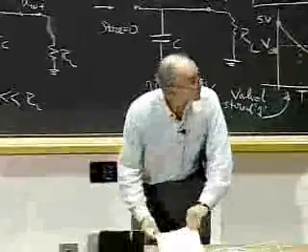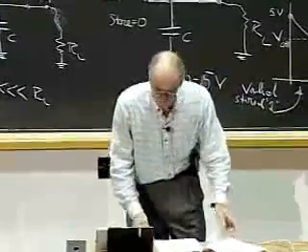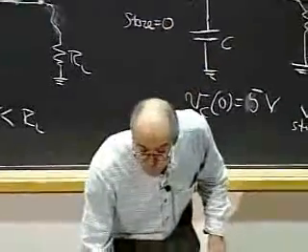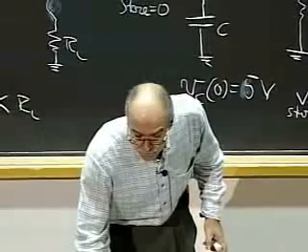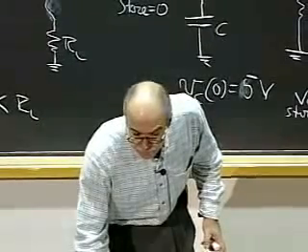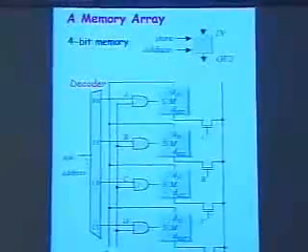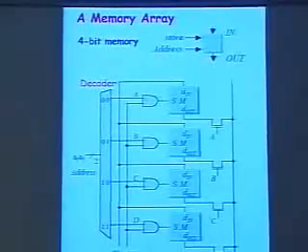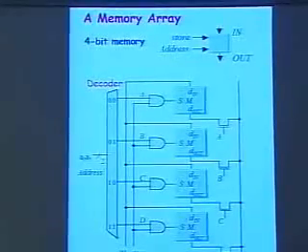Now, in the remaining 3 minutes, there is an example that we have. Can we put the laptop here? Okay, so here's an example of how memory can be put together to create something a little bit more complicated.